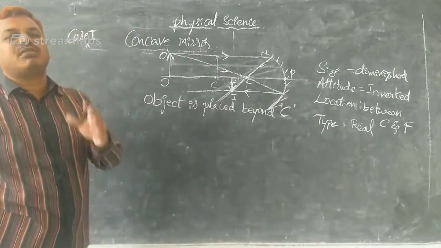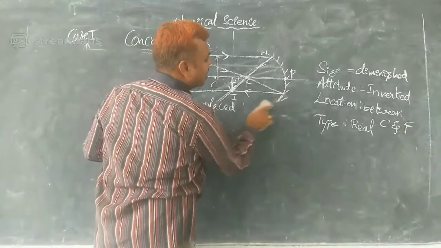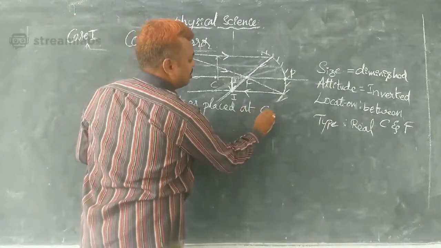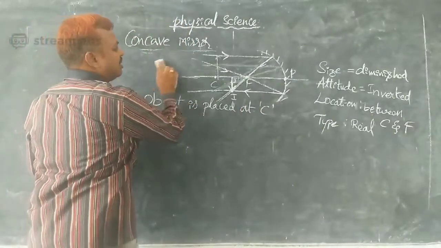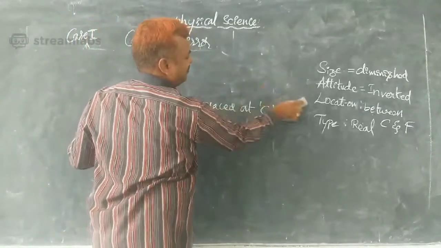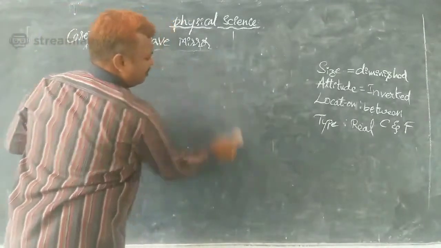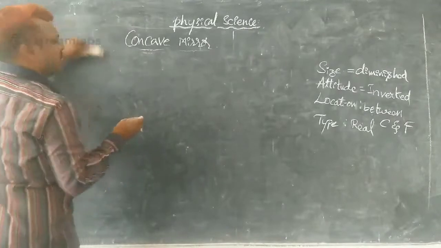What is going to be formed? Let us see. When the object is placed at center of curvature, at C, let us see what happens. So case 3, third case.